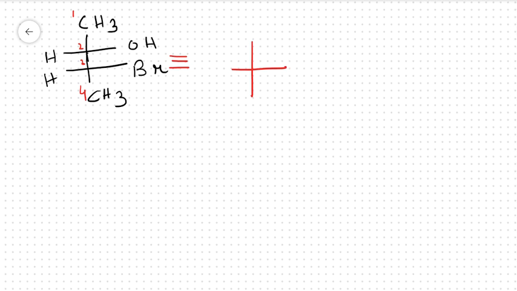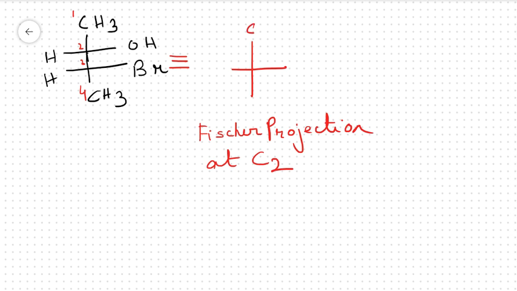So if you take this one, Fischer projection at C2. C2, this is CH3, OH, H. So it will be C, H. So this is number 1, 2, 3 and 4.